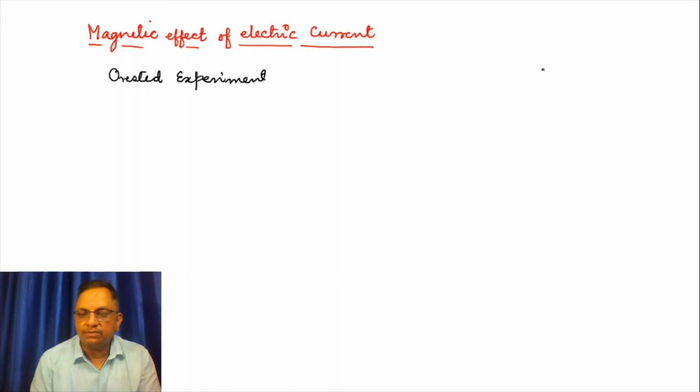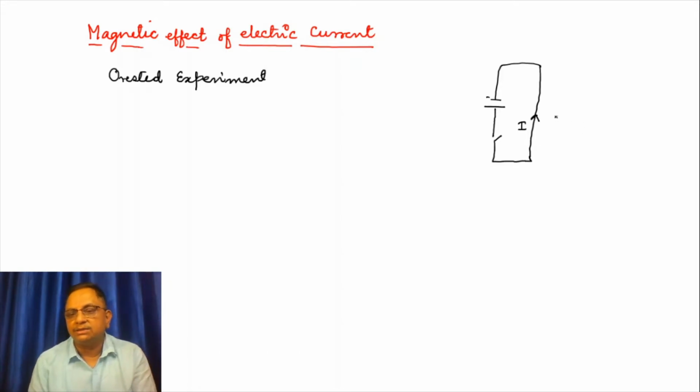According to this experiment, if you take a wire and a current is passing through it, then we find a magnetic behavior by the current. Means if you keep a magnetic needle nearby, you find that it will be displaced.